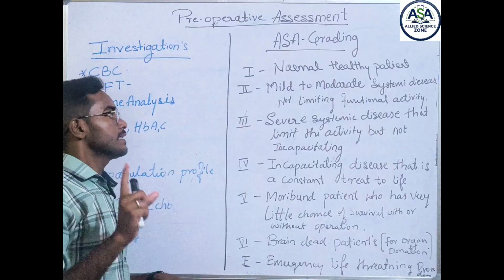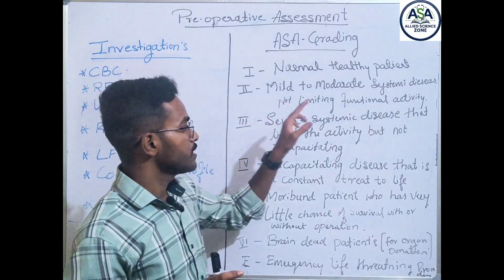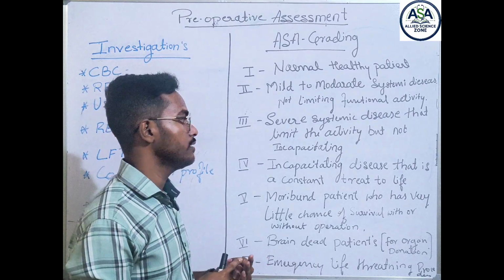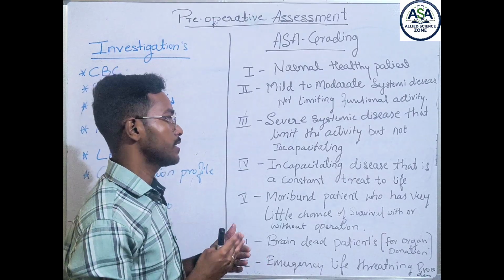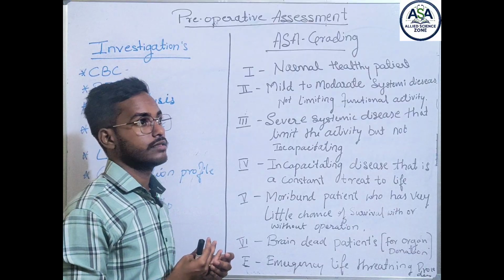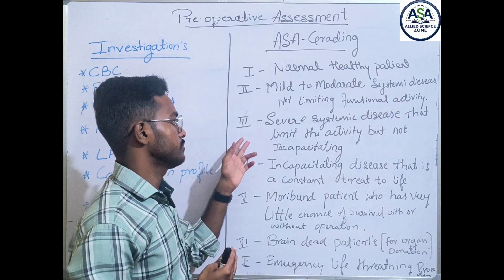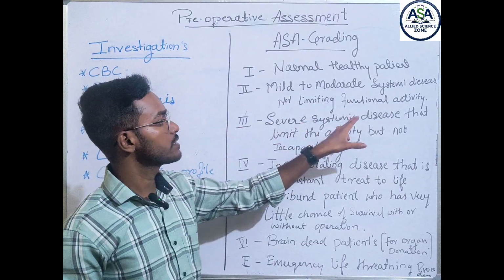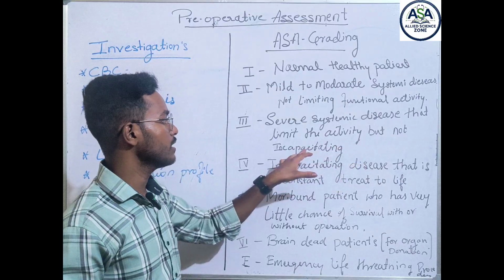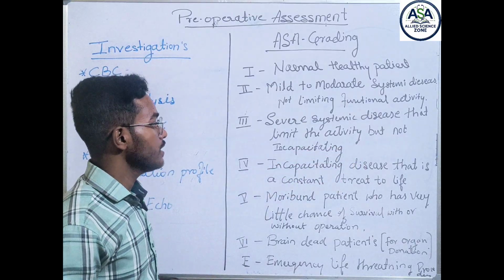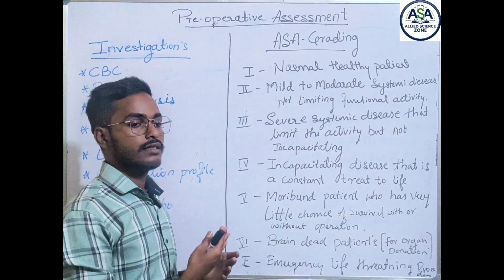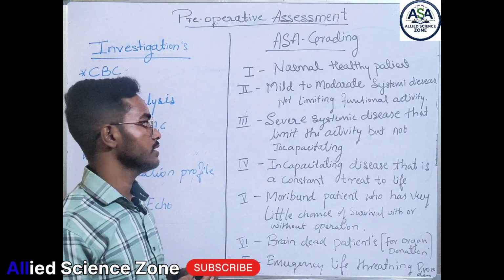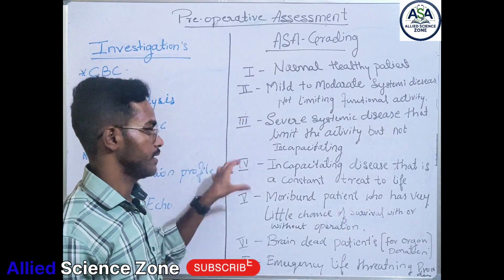In ASA grade 3, severe systemic diseases like diabetes and hypertension, along with medication, all come under ASA grade 3. It limits the activities; it affects systemic activities.